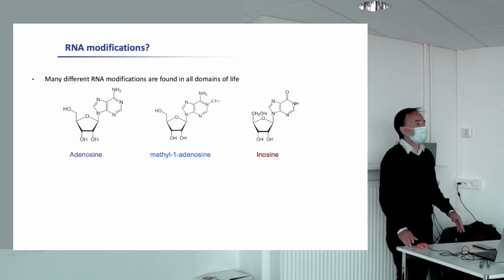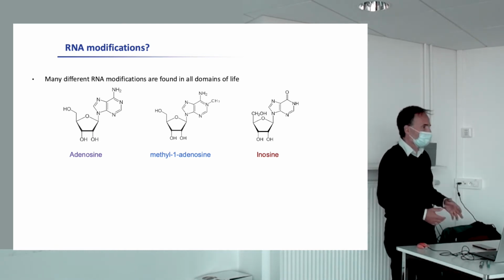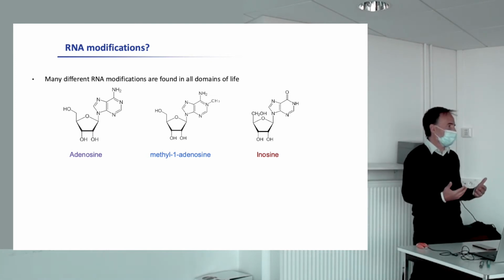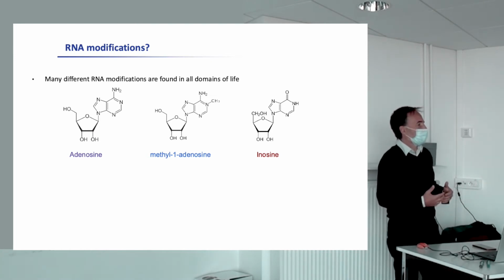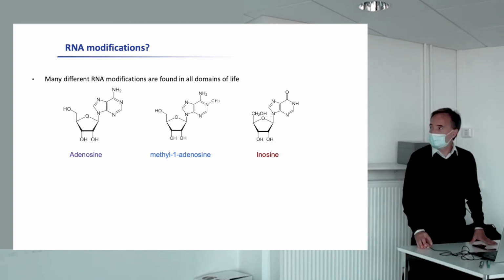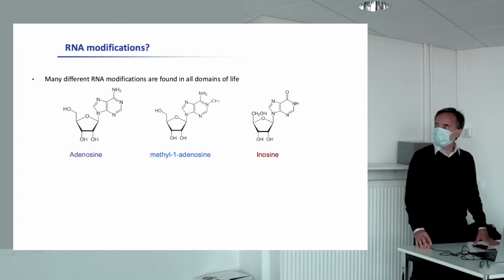Okay, we are speaking about modification. This week you had already at least 2 talks or more, I don't know exactly, but you should know that when we speak about RNA modification, we can have modifications that are very simple on an RNA molecule, like methylation. So here we have a normal nucleotide, the adenosine, that is not modified.